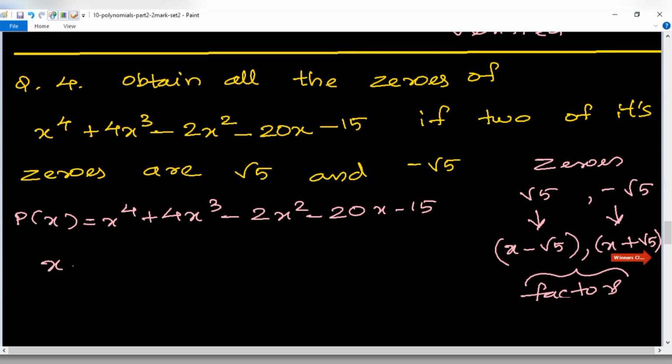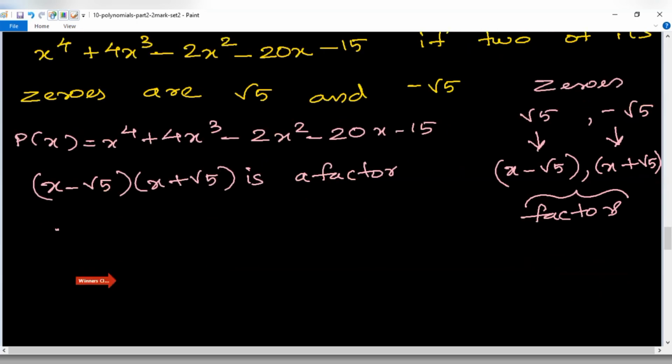So we can write x minus root 5 into x plus root 5 is also a factor, right? Okay, so this into this is also a factor. Now it is of the form a plus b into a minus b, which is a square minus b square. So x square, in place of a we have x, and b square, in place of b we have root 5.